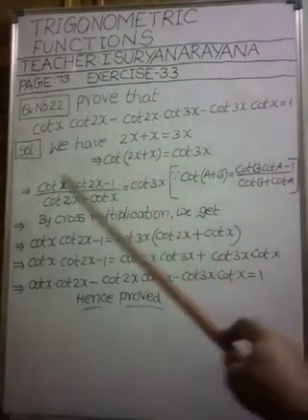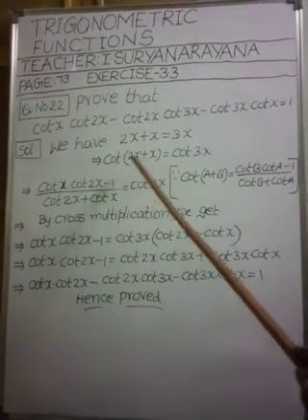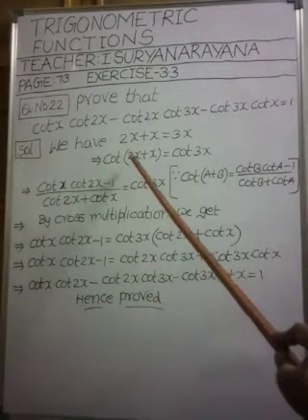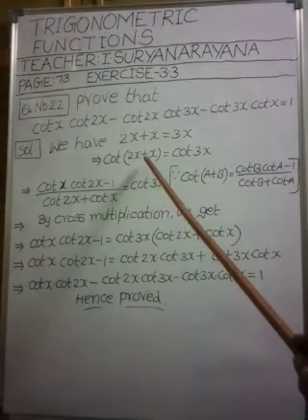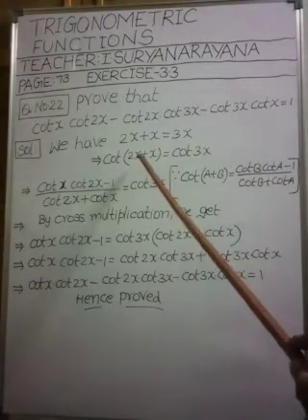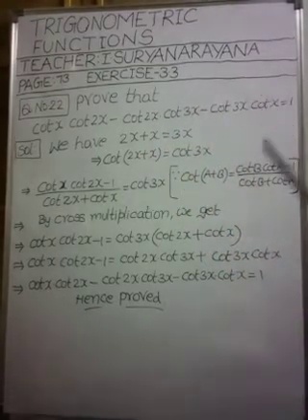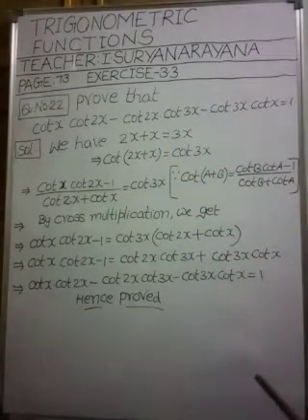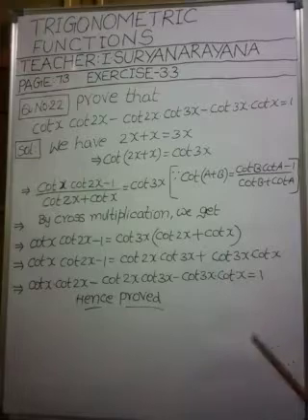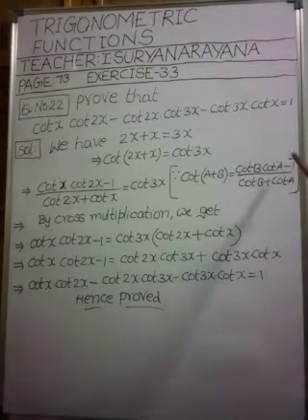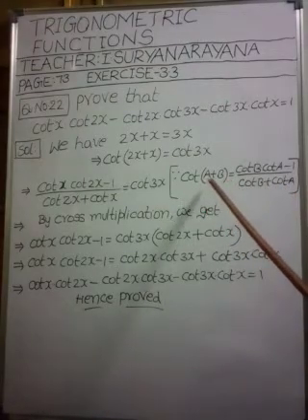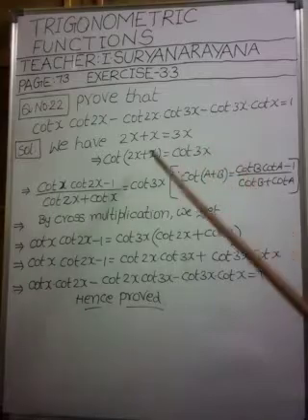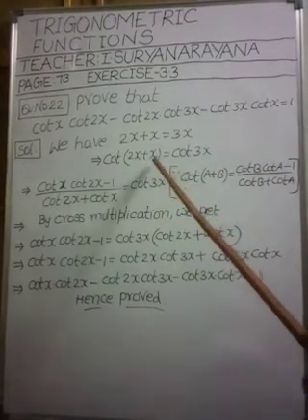This implies, see LHS, cot of (2x plus x). Which formula can be used here? It is in the form of cot of (A plus B). Do you remember the formula for cot of (A plus B), my children? Yes, (cot B into cot A minus 1) divided by (cot B plus cot A). This is the formula for cot of (A plus B), where A is equal to 2x and B is equal to x.